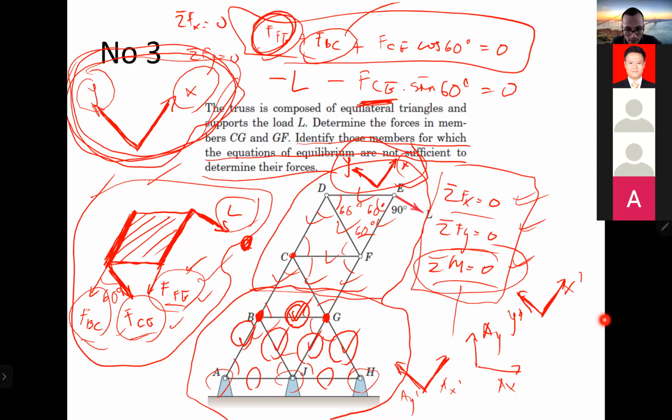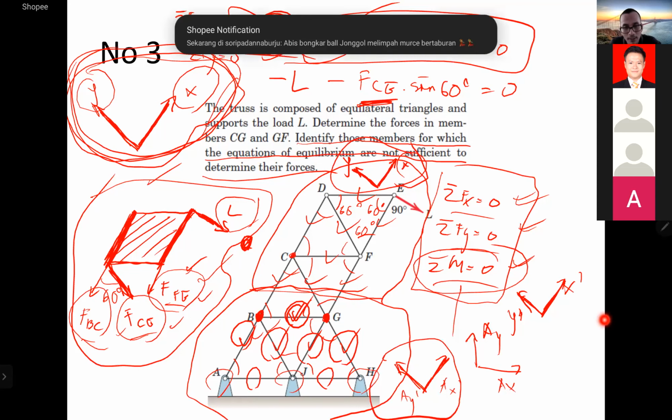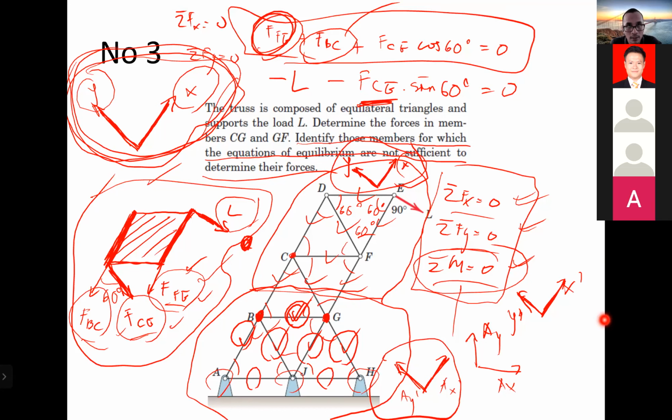Yes, sir. If it's a roller, then this is not valid, because for a roller you have to have a reaction force, an external force, going normal to the roller. But for a pin, you can do it this way.